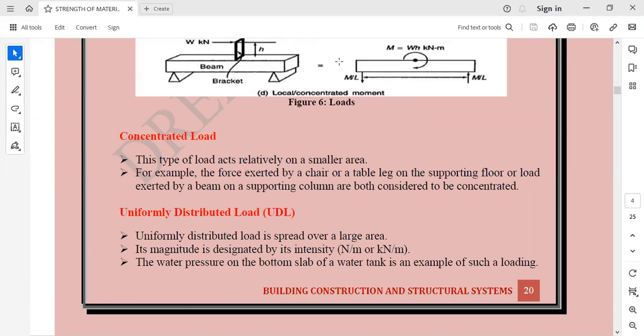In uniformly distributed load, contrary to the concentrated load, this type of load acts on a large area. It is named uniformly distributed load because the load is distributed uniformly over the entire span of the element.